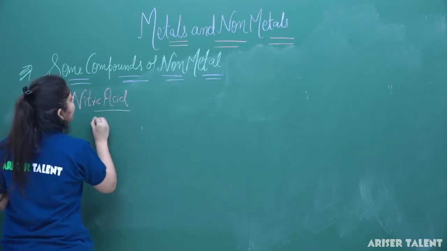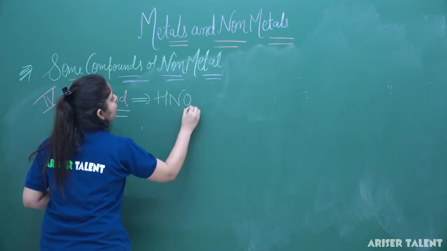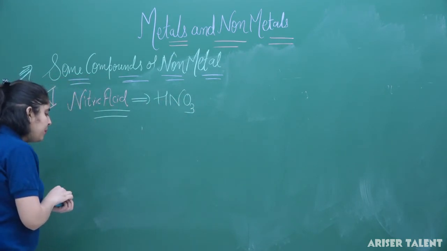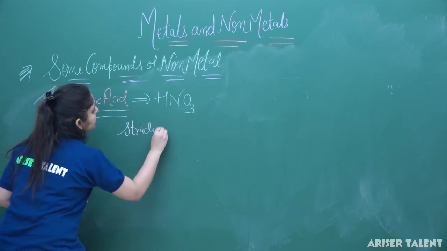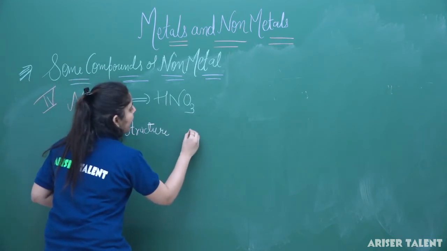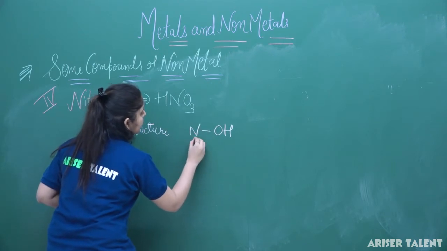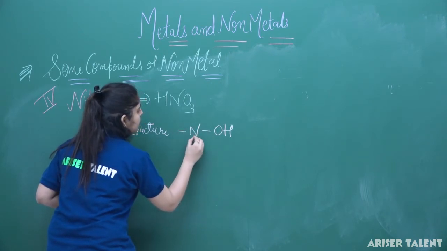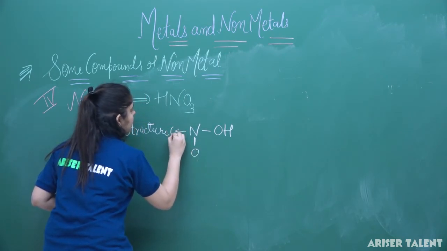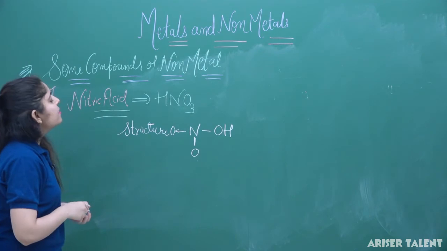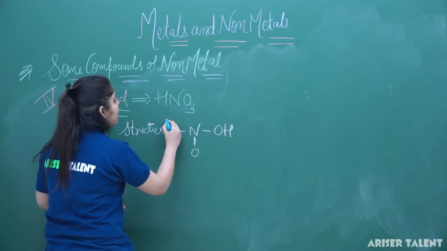Now, nitric acid has the general formula HNO3. Now, what will be the structural formula? This is the general structural formula, containing 1 hydrogen, 1 nitrogen and 3 oxygen.